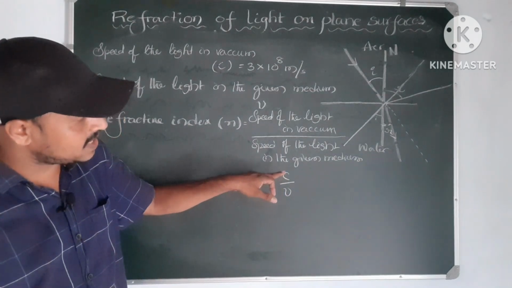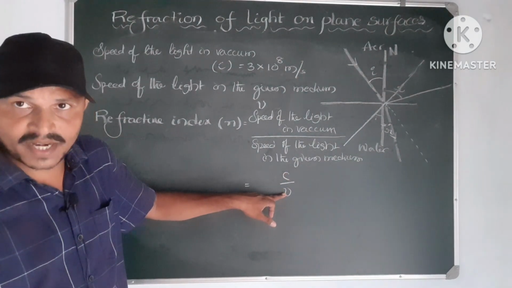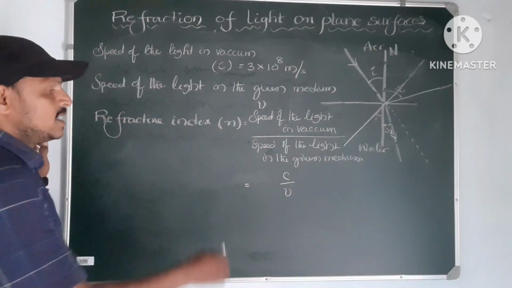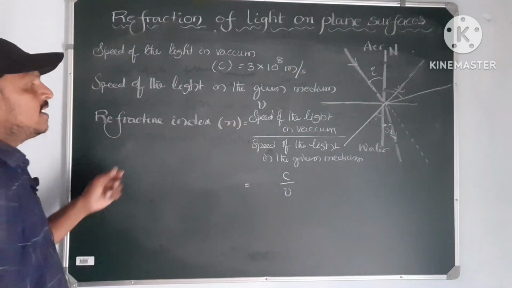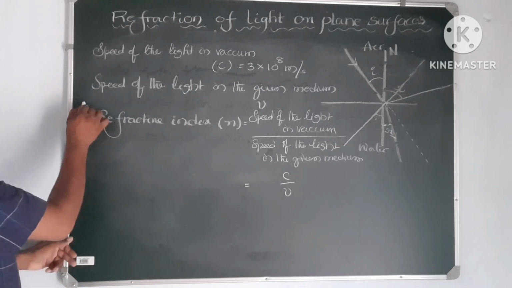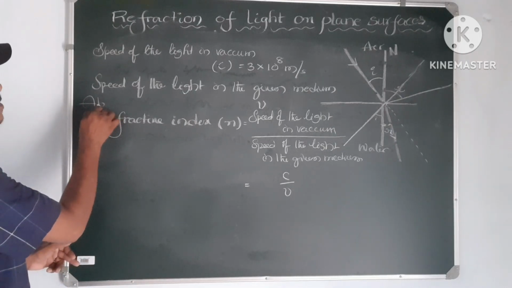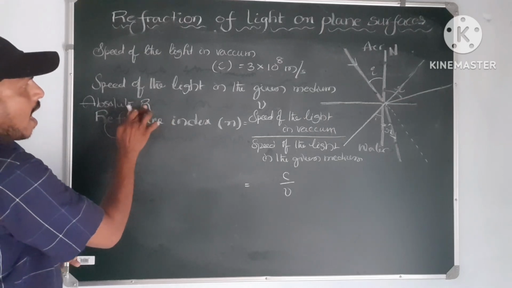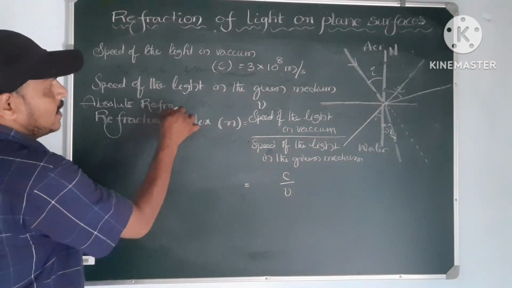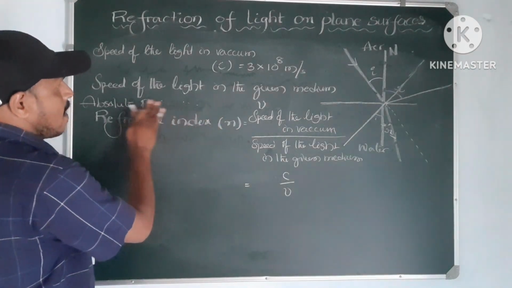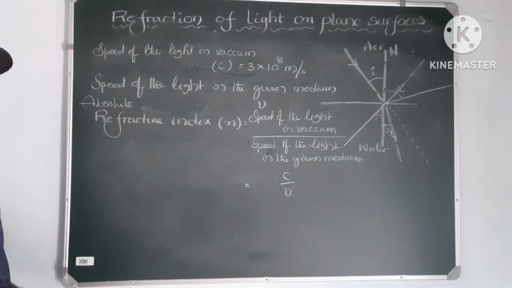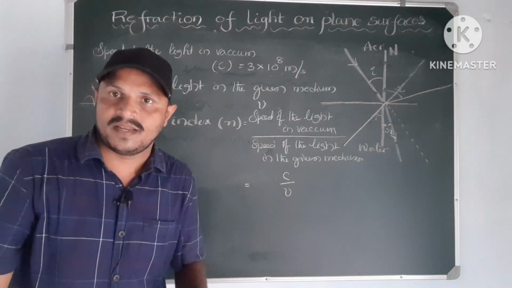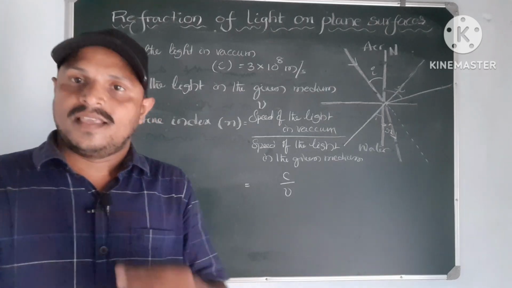This is speed, this is also speed, that's why it has no units. And this is what kind of refractive index? Absolute refractive index, denoted by the letter n.